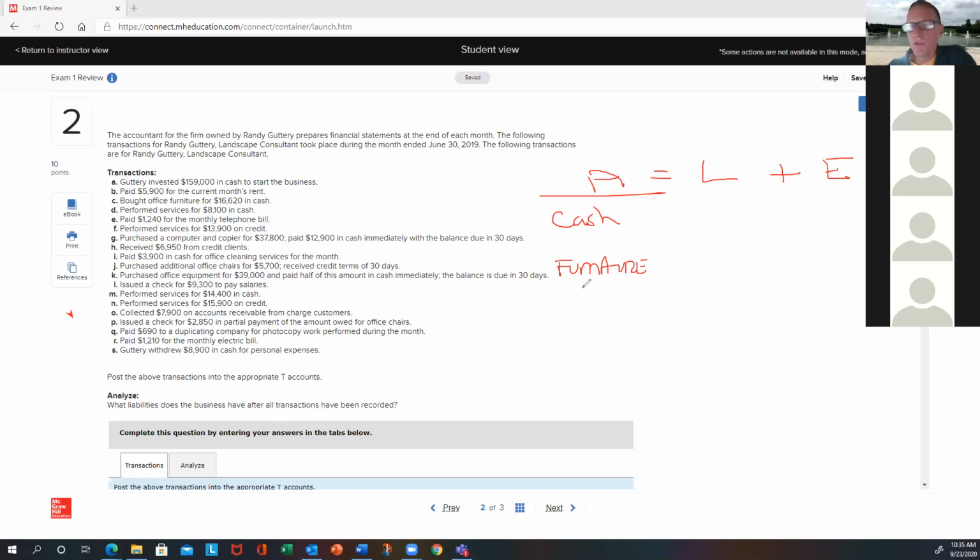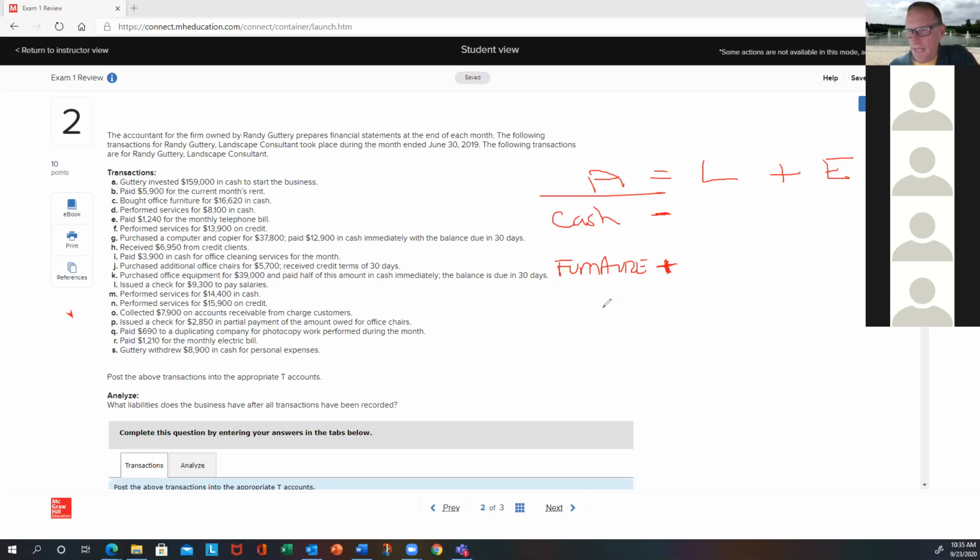Which asset would be increasing? Office furniture. I'll put a plus next to furniture, meaning increase. If furniture is increasing, what's happening to cash? Cash is decreasing. Very good.